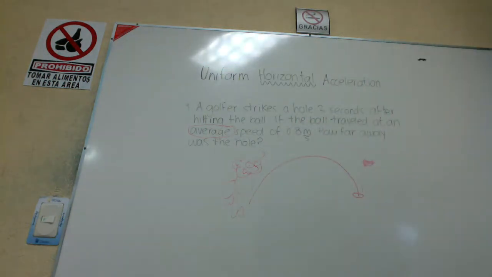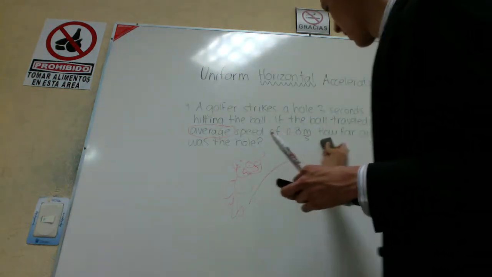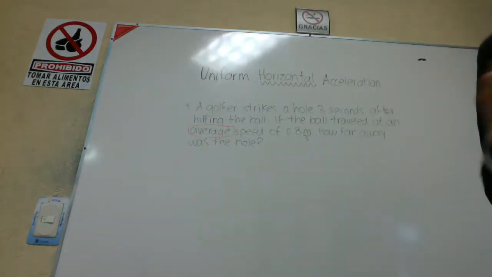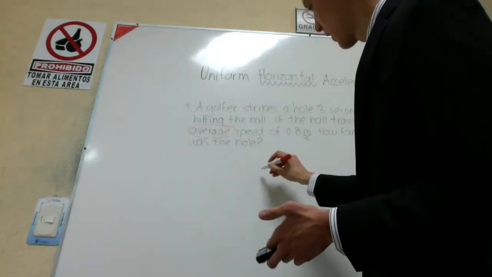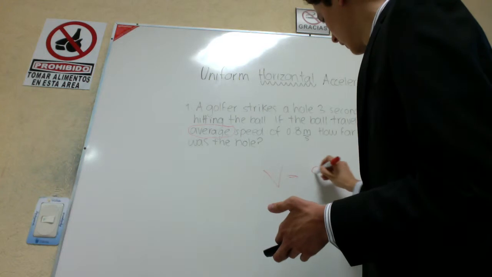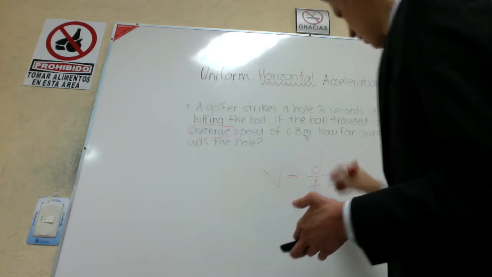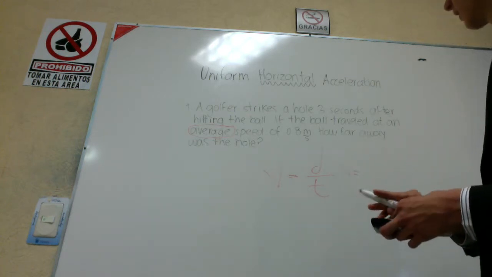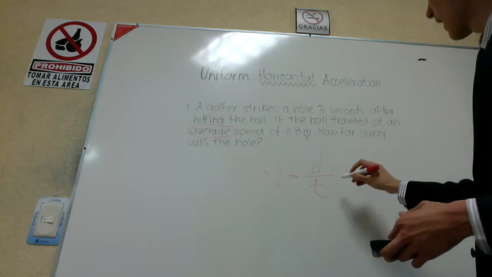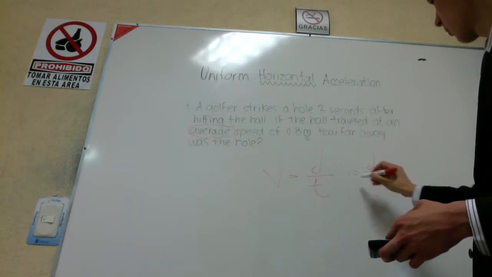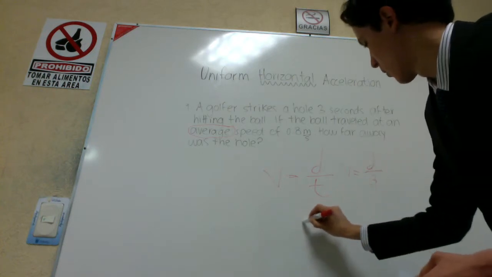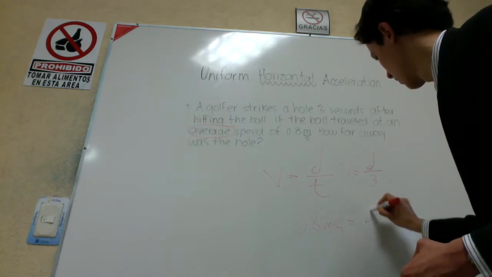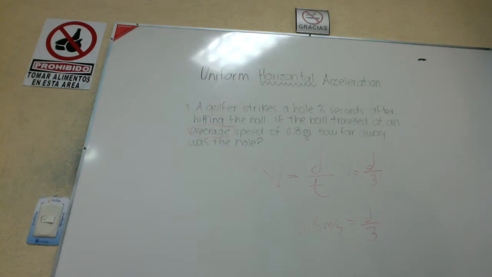Now we have this very important part that tells us it's an average speed, so we're gonna use the average speed formula, which is velocity equals distance divided by time, which would be velocity equals distance, the time that was 3 seconds, and well, the velocity is 0.8 meters per second, distance over time.